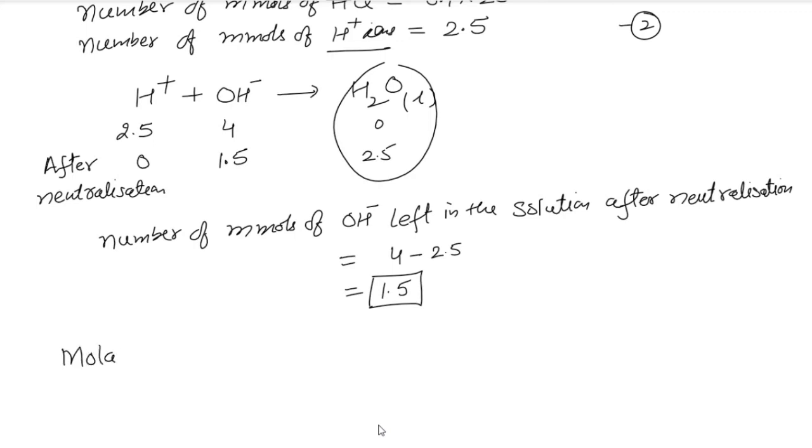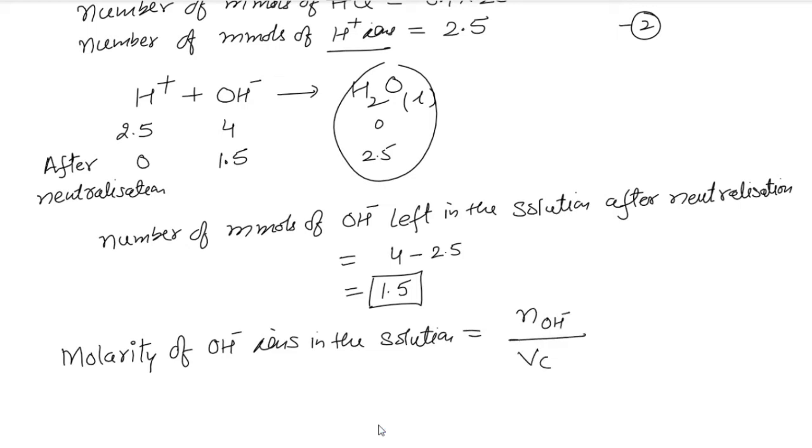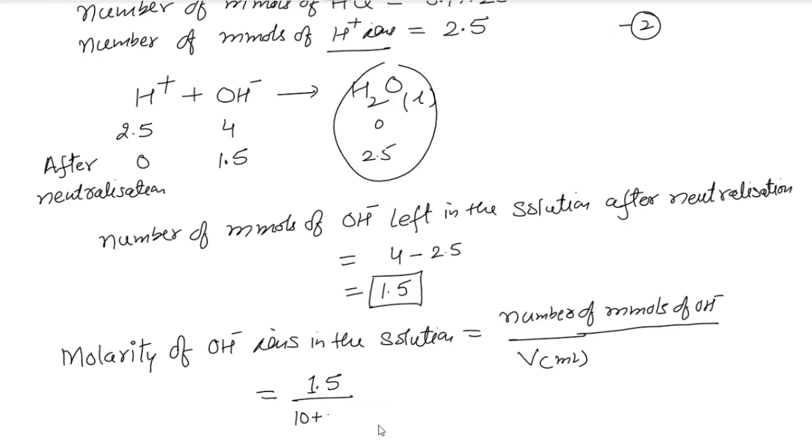So let us calculate the molarity, because we need the concentration. The molarity of OH negative ions in the solution is the number of millimoles of OH negative ions divided by the volume of solution in ml. Because if we have the number of millimoles, then the volume should be in ml. If the number of moles is there, we divide it by the volume of solution in liters. So the number of millimoles of OH negative ions is 1.5, and the volume is the total volume, 10 ml plus 25, total 35, so 1.5 over 35.